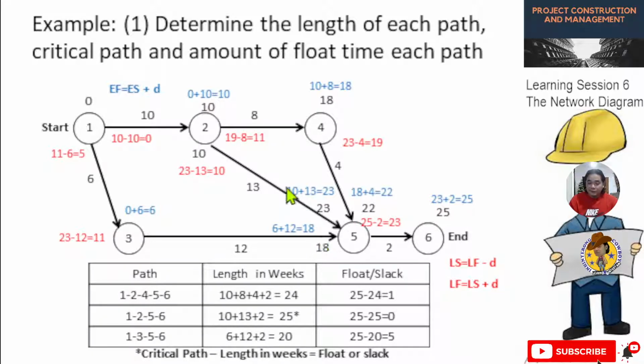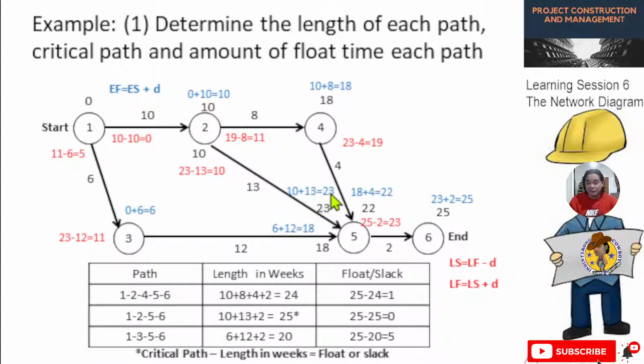Since on this activity we have three figures to choose, because there are three paths, for this one we will choose the highest days among the paths.